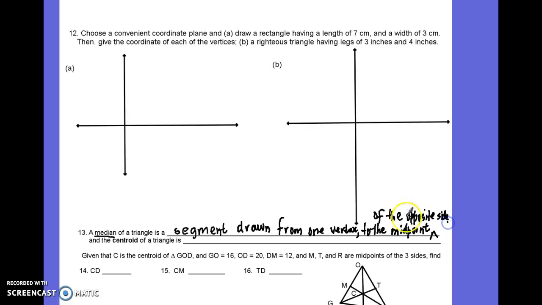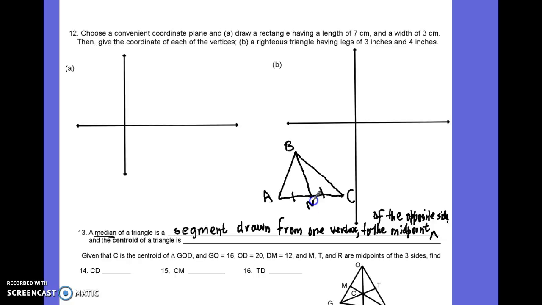I'll illustrate. Let's say this is a triangle. I'm going to call it ABC. Here's a median. A median would be drawn from vertex B to the midpoint M of segment AC.